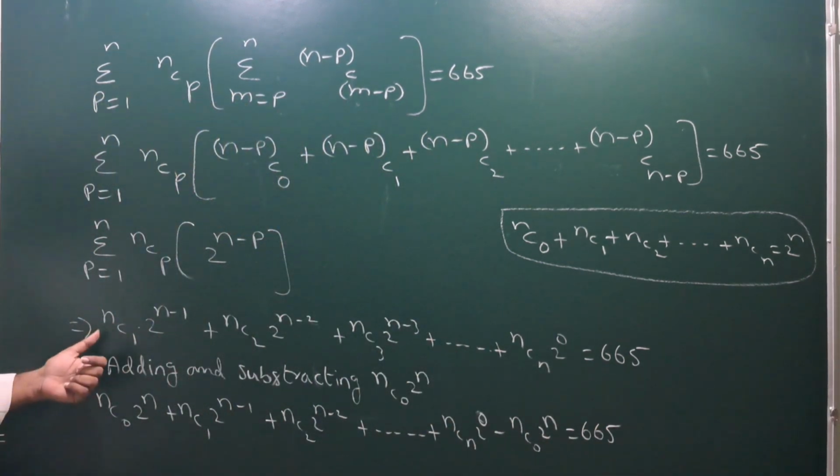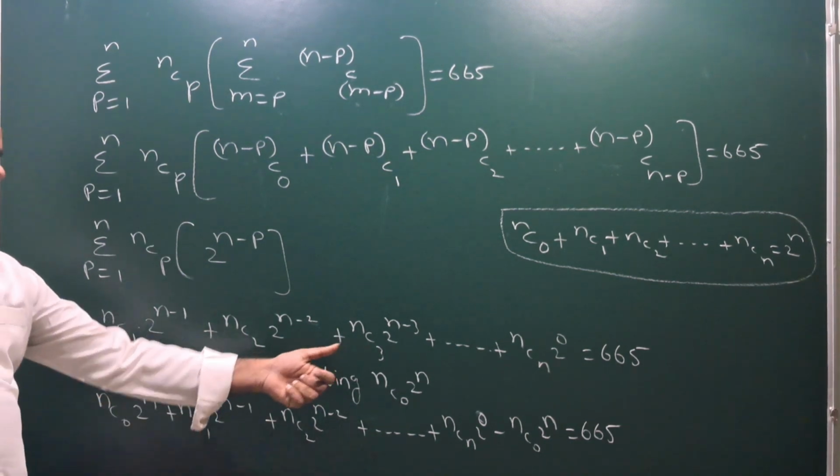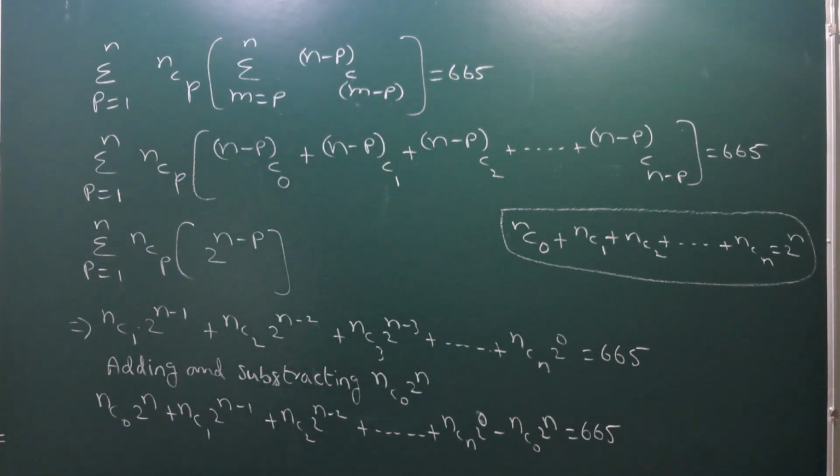Here NC0 2 power n is not there, so we have to add and subtract NC0 2 power n.